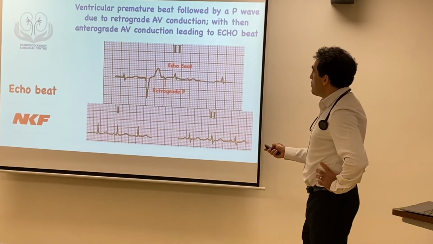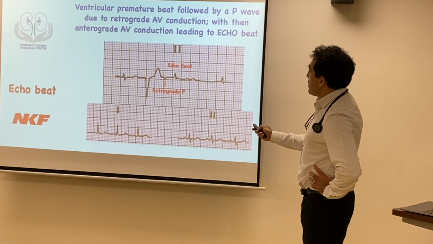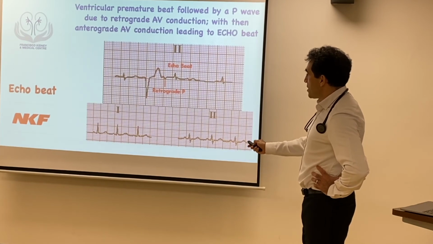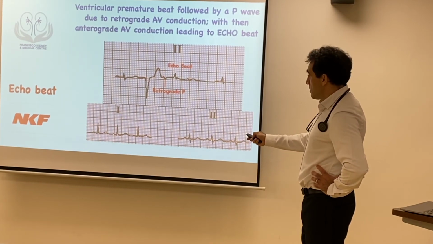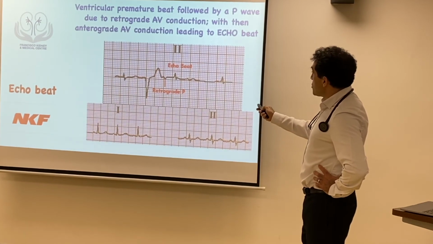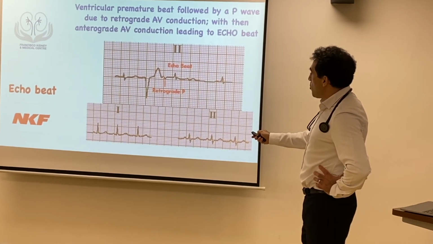An echo beat is simply this: there is a premature ventricular beat, probably this one, which occurs earlier. It has ventricular morphology, but this premature beat is followed by a P wave.